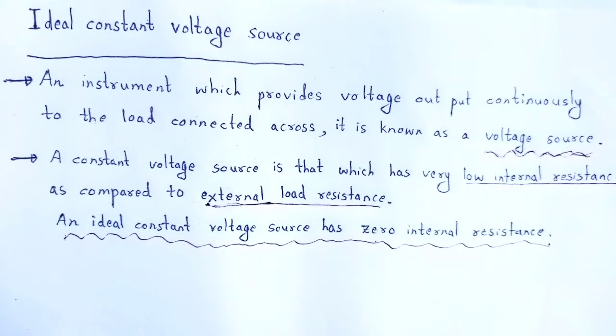The ideal constant voltage source is of two types.